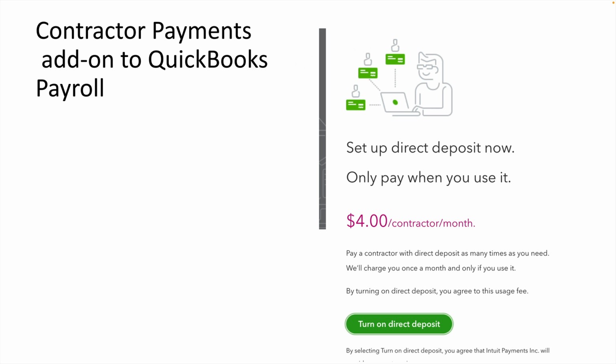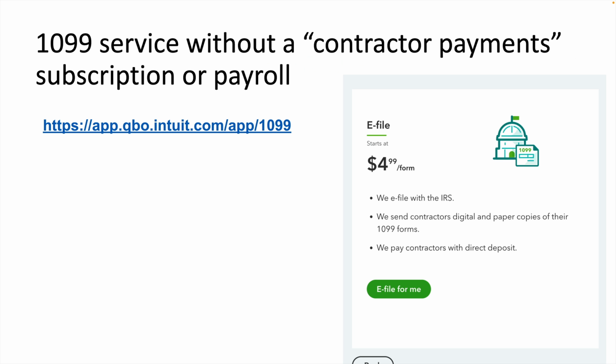So what's interesting about this is if you have QuickBooks Online payroll and you don't pay your contractors via direct deposit, you can still generate 1099s. And 1099s are actually, from my understanding, free for people that have a payroll subscription. But if you also want the direct deposit, it's $4 a month. So that's what I understand so far from it.